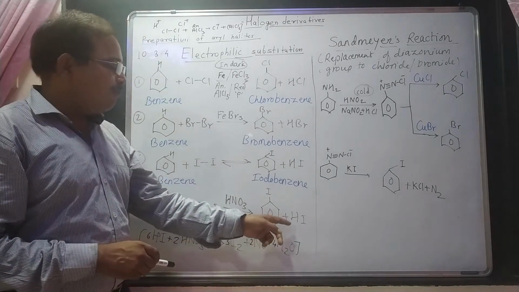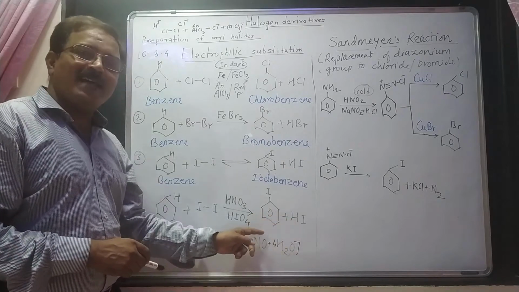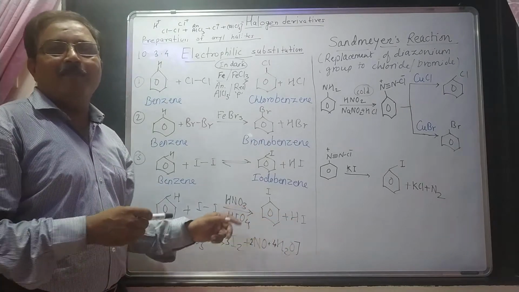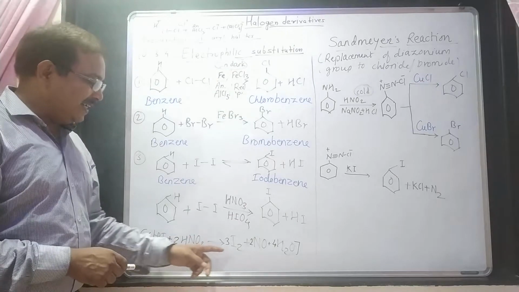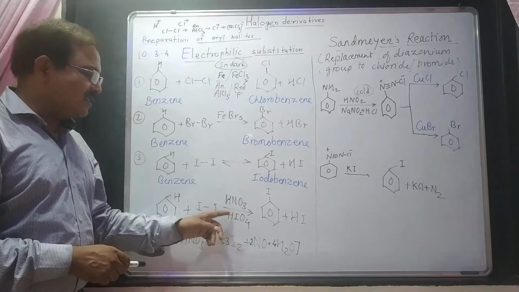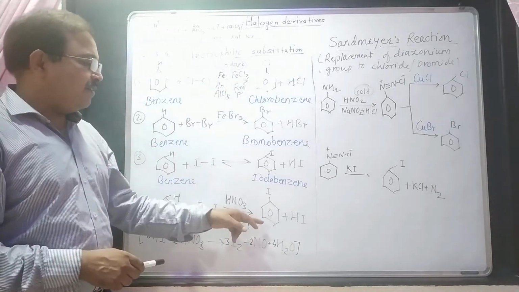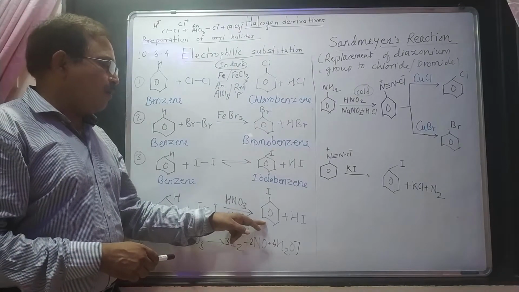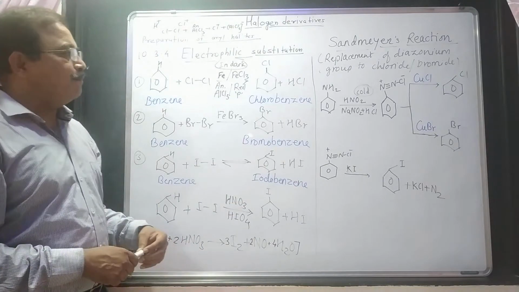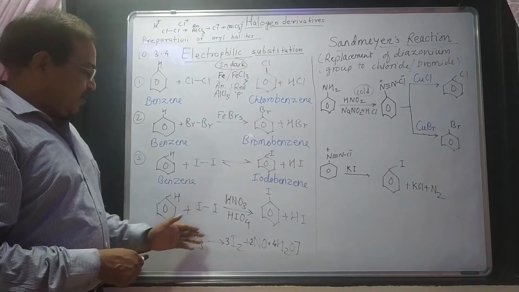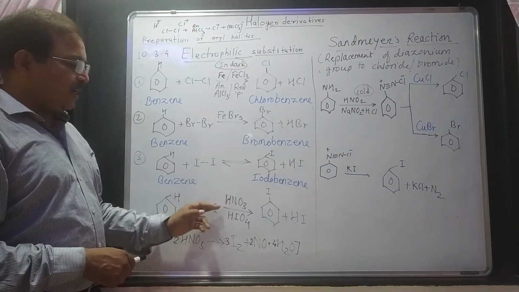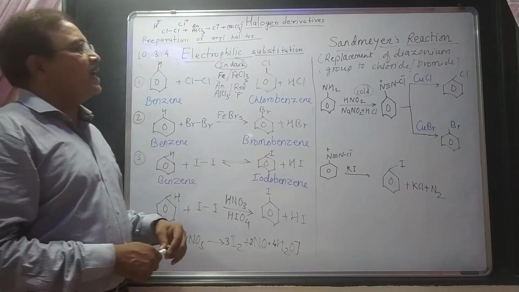In this way, whatever HI is formed in the reaction, immediately it will be oxidized into iodine. As a result, the reverse reaction will be prohibited, and we can prepare a greater amount of iodobenzene. So in this way, by using HNO3 and HIO4, we can reduce this problem of a reversible reaction.